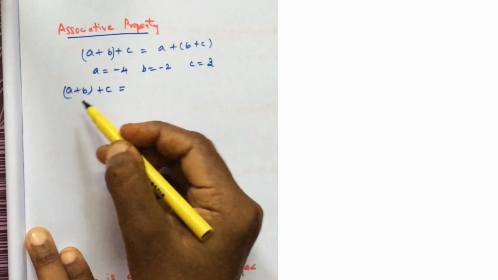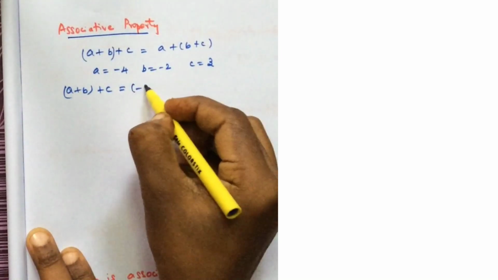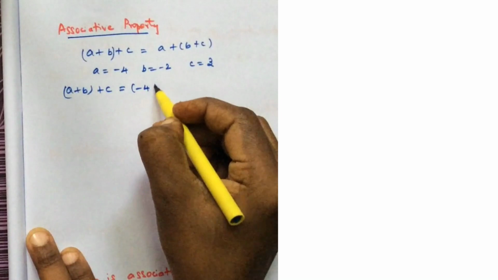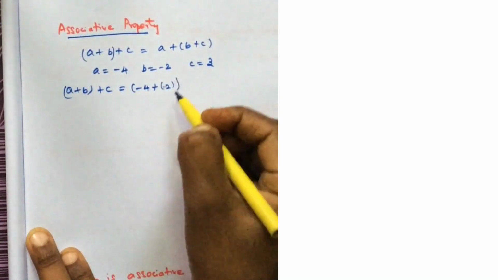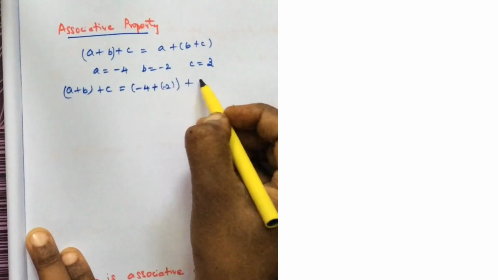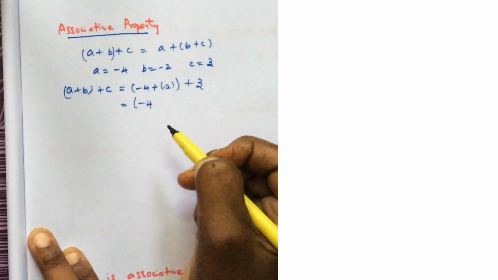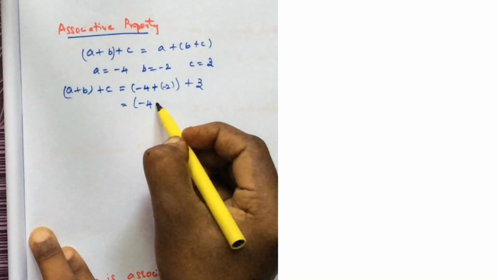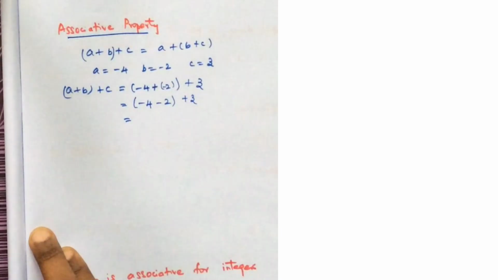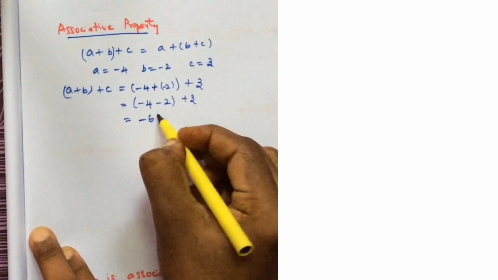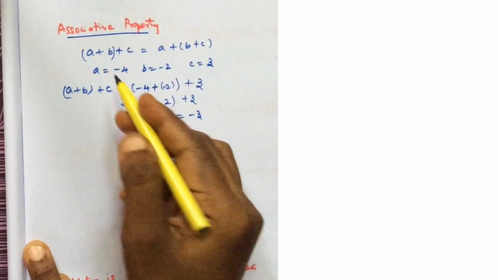It means you have to solve whatever is within the bracket first. So first I am going to solve a plus b. b is -2. This is (a plus b) plus c, that is equal to (-4 plus -2) plus 3. -4 minus 2 is -6, plus 3, that is equal to -3. This is the answer for this case.